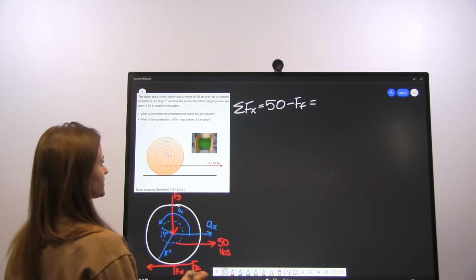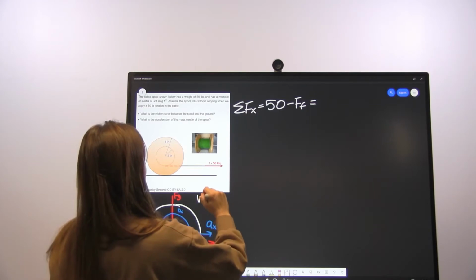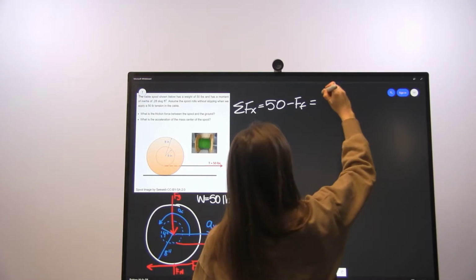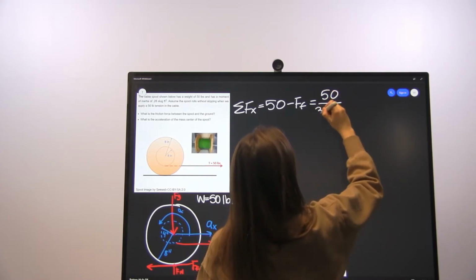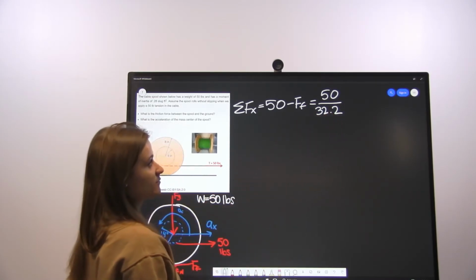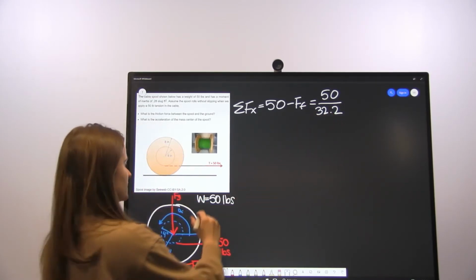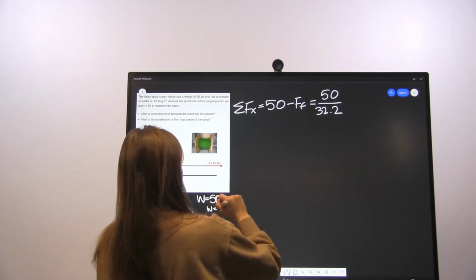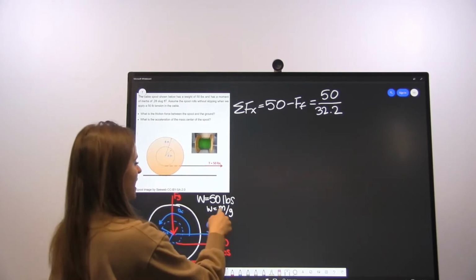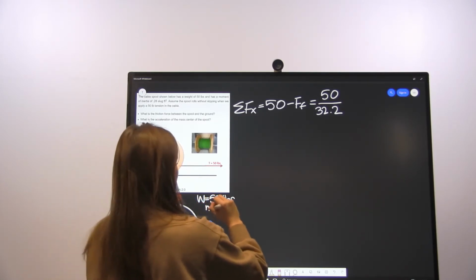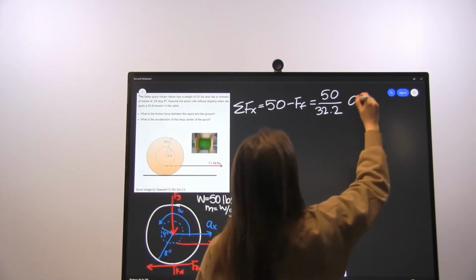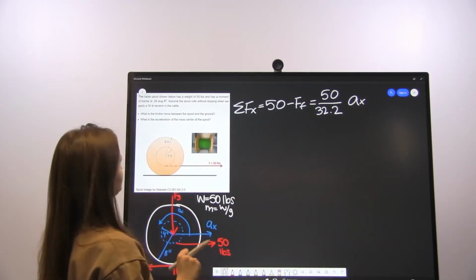Since we're given a weight of 50 pounds, we want to convert this to mass, so that's just 50 divided by 32.2, the acceleration due to gravity in feet per second squared. Our mass is equal to weight divided by gravity, and then that times our acceleration in the x direction.